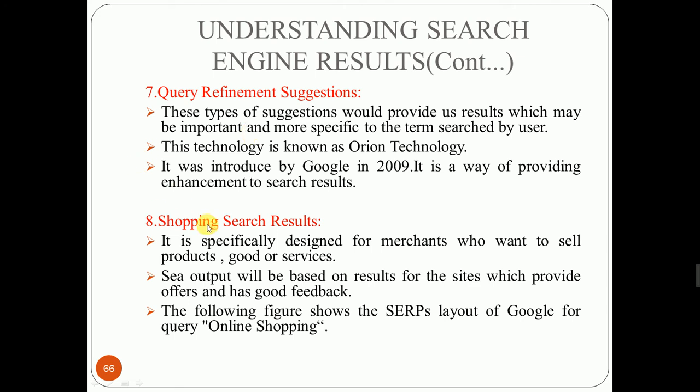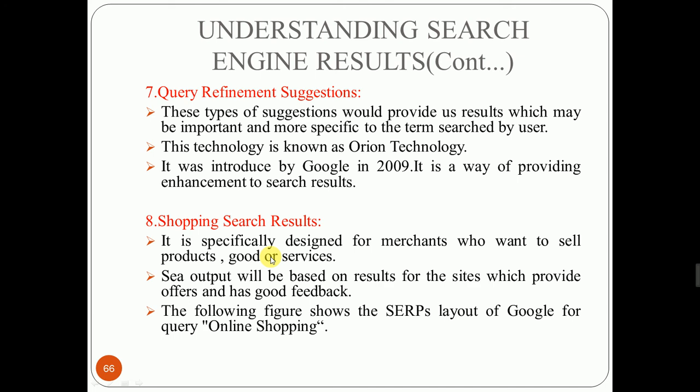Then after that, the last one is called a shopping search result. It is specifically designed for merchants who want to sell products, goods or services, and for those who are searching. See, the output will be based on the results for the sites which provide offers and have good feedback.